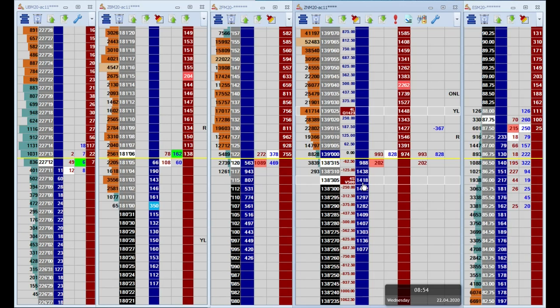And the ES just continues to make new highs. New highs, and right here I'm like, oh shit. Because the bid just evaporated. 200 down into it.